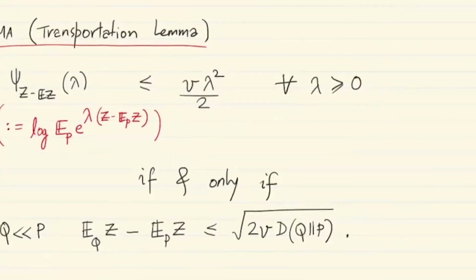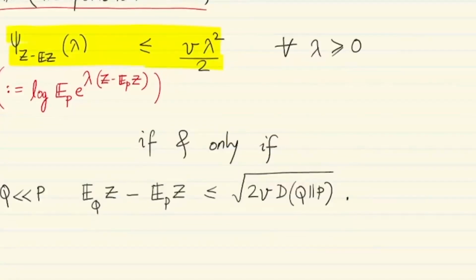This result essentially says that a bound on the log moment generating function of a random variable Z, any bound of the following form, which is a quadratic bound, exists for a random variable Z if and only if a corresponding bound exists for the differences of expectations of Z with respect to two measures Q and P being bounded by the square root of the relative entropy or KL divergence between Q and P.